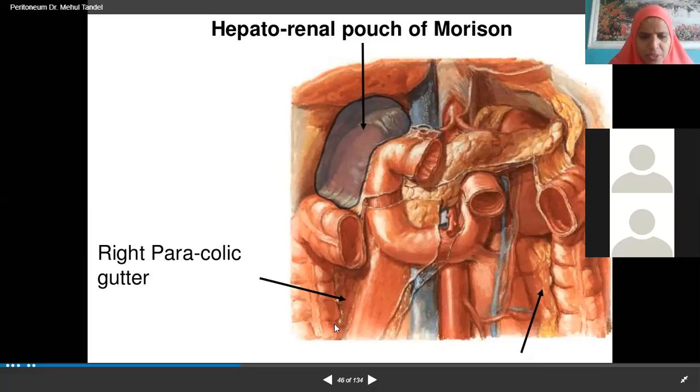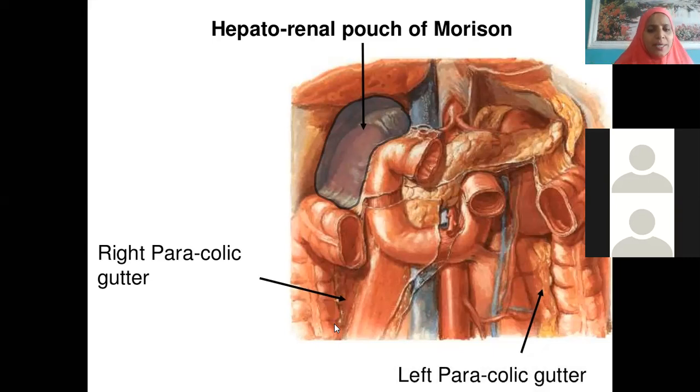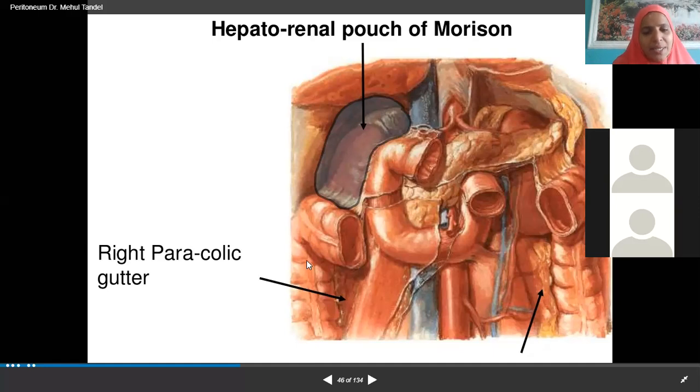The intestines are quite big, and when you explore the abdomen and lift it so nicely, you will see the right paracolic gutter below the ascending colon, and the left paracolic gutter below the descending colon.